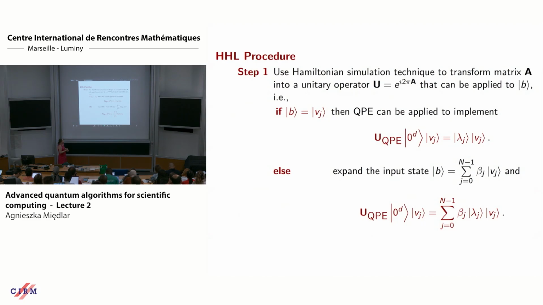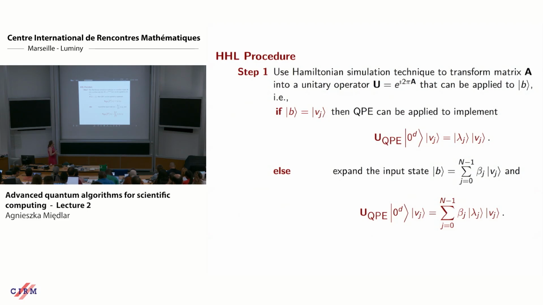In a classical way, if we think about the iterative algorithm which we try to mimic, we always want an algorithm which only uses matrix-vector products. So you have to be able to apply your matrix to the vector. So here we want to be able to apply our operator to the state.